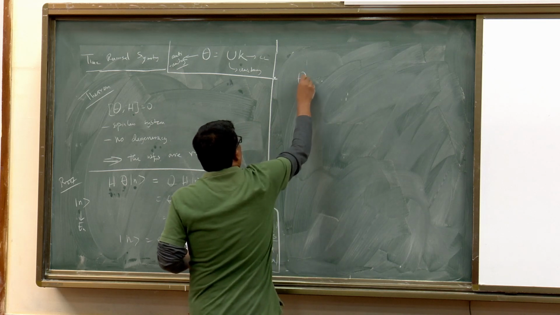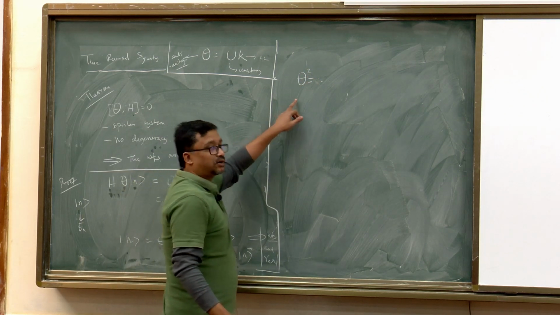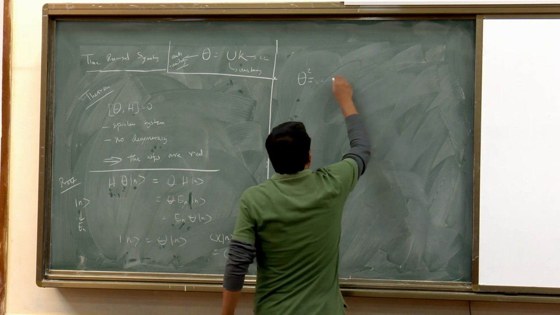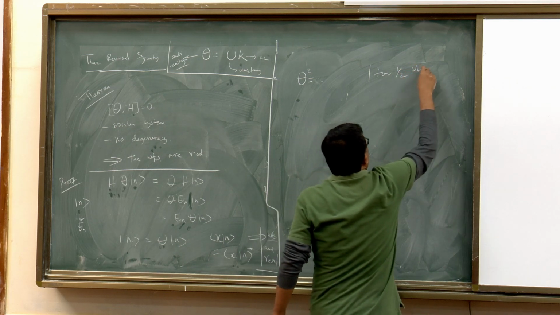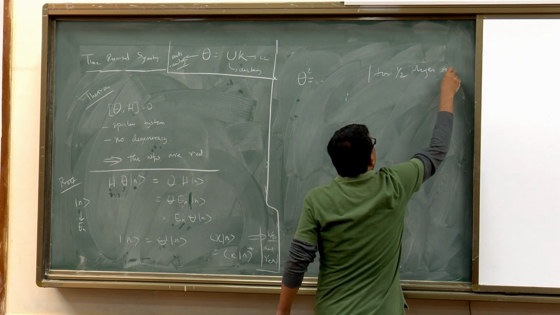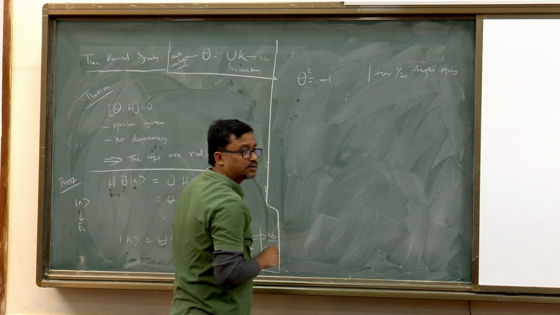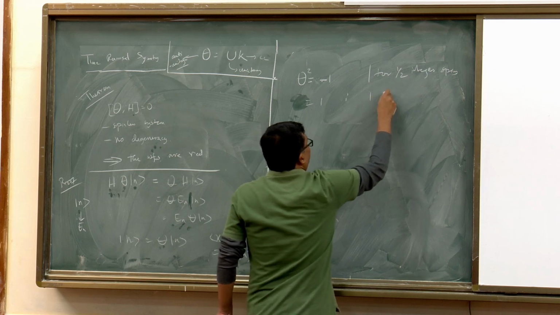So, here is the property. Theta squared, where theta is our time reversal operator, for half integer spins is actually -1, and is equal to 1 for integer spin.